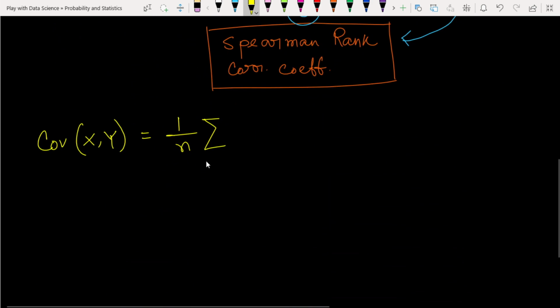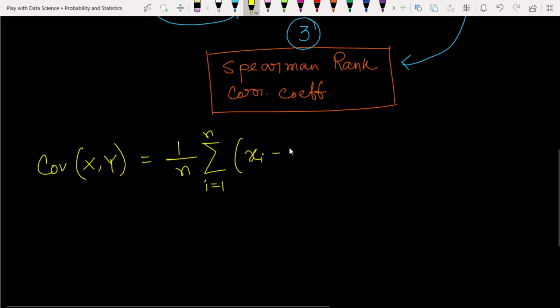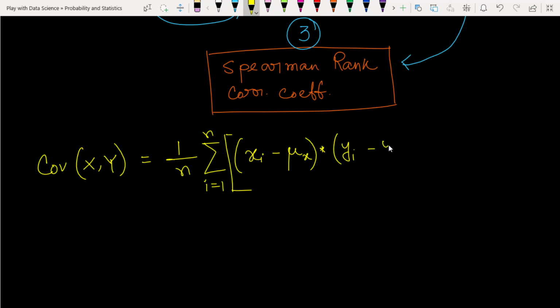So we take the mean of the observed values. Now how do we take this mean? First we take the difference for x, each observed value of x minus the mean of x, and we multiply this by the difference for y, each observed value minus mu y.